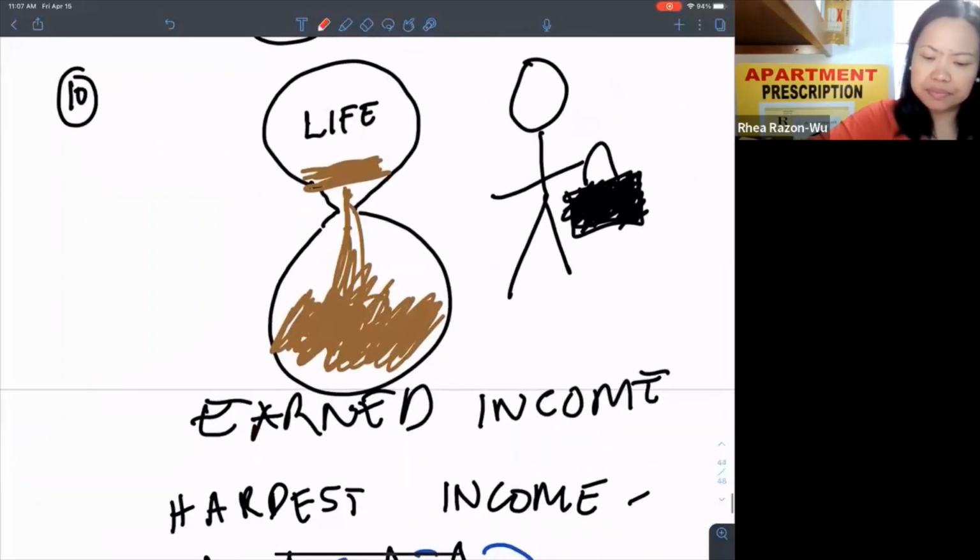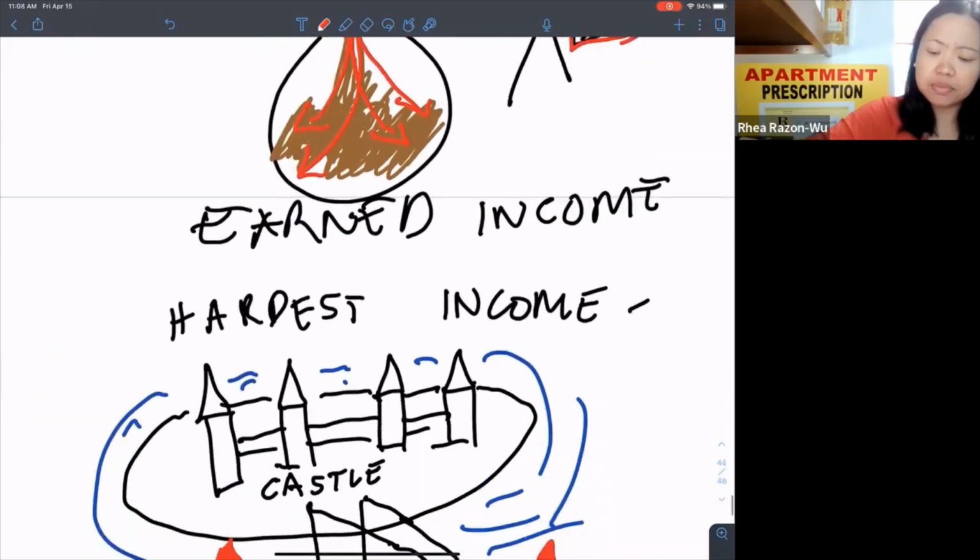Point number 10. This is the sandbox. This is called our life. A lot of us have a little bit of sand left in here. Why? Because the majority we've already given, it's already down in the bottom. We're working, trading our time for money.